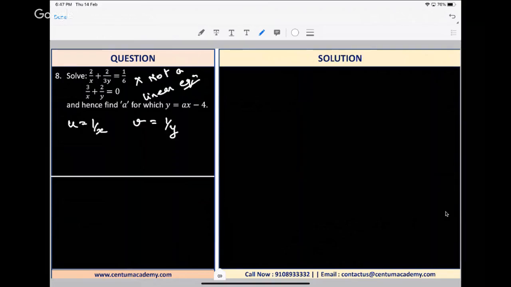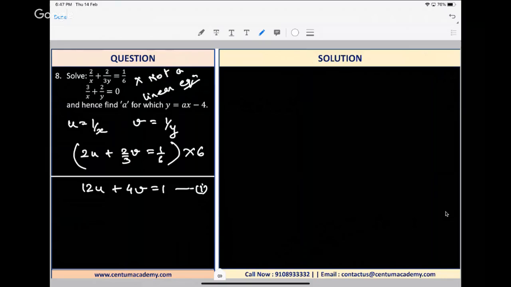The moment you say that, the equations are transformed as 2u plus 2 by 3v equals 1 by 6. After multiplying the entire equation by 6 to simplify it, you will get 12u plus 4v is equal to 1. This can be equation number 1.